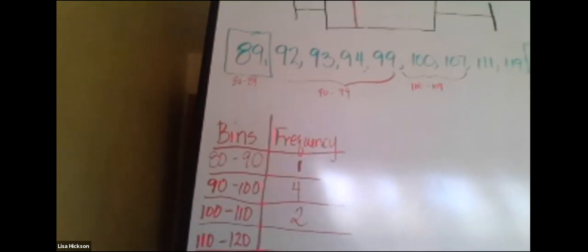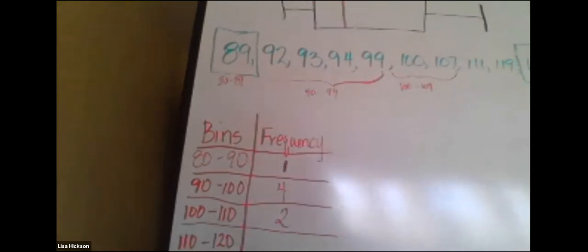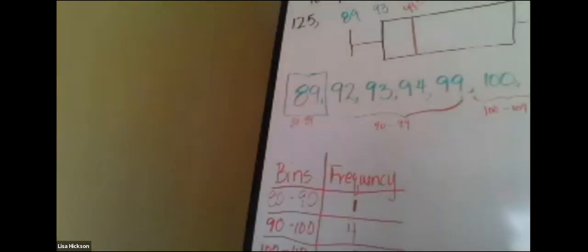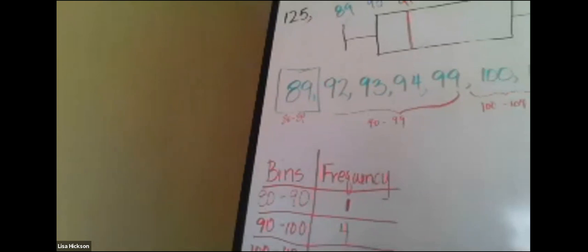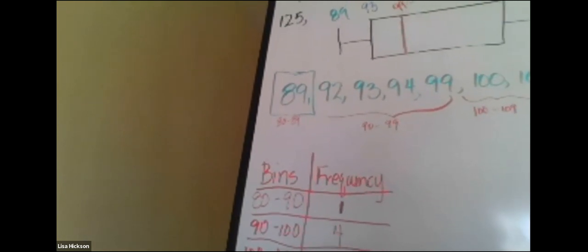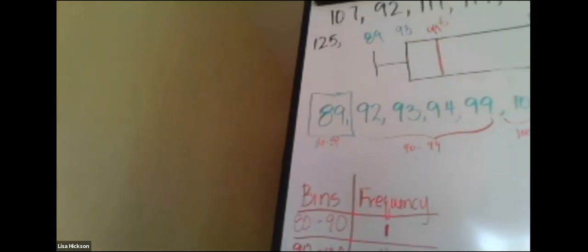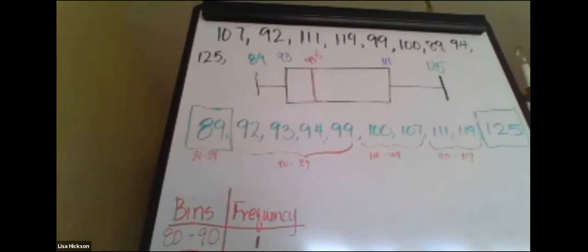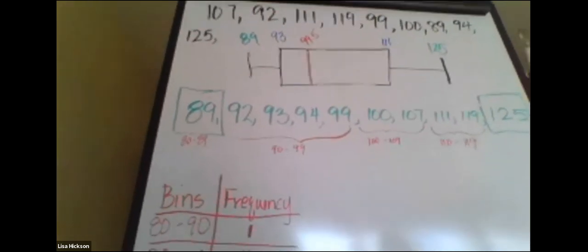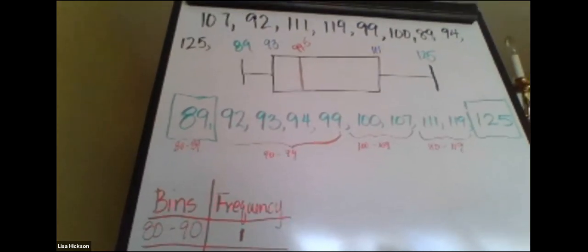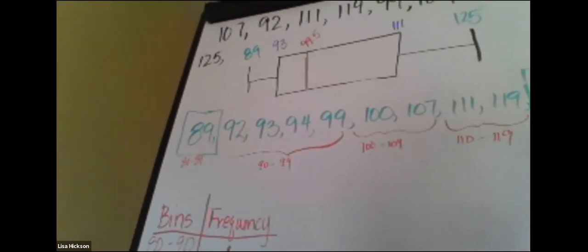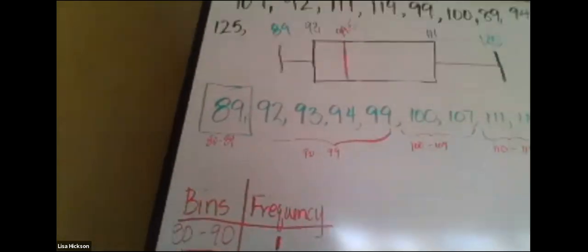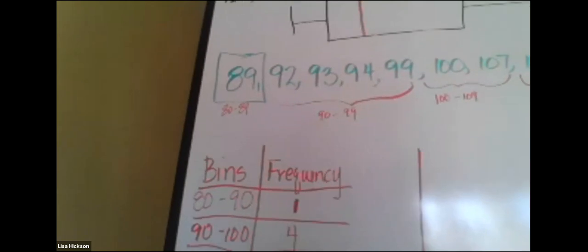In the next bin, from 110 to 120, we count from 110 to 119, and we have 2. And then from 120 to 130, we count 120 to 129. And we have 1.